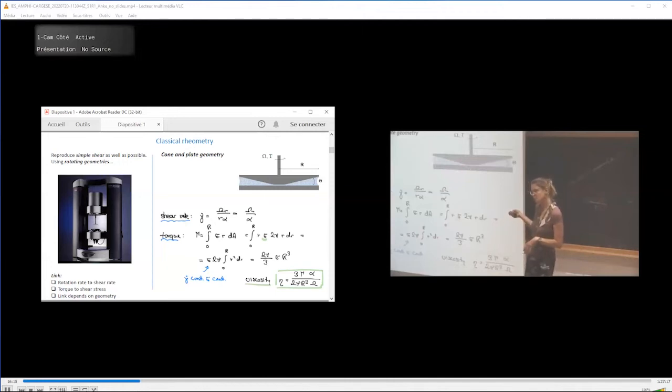I will talk about normal stresses a bit later, and actually on the normal stress transparency, I have drawn it the other way around because there the boundary conditions are extremely important. I agree. But it really depends also. If you have something very liquid-like, it's actually impossible not to have the interface like this. If I have water in a complete geometry and I have a small gap, I guess it will often look like that. Yeah, but it's a very good remark. I realized this also this morning.